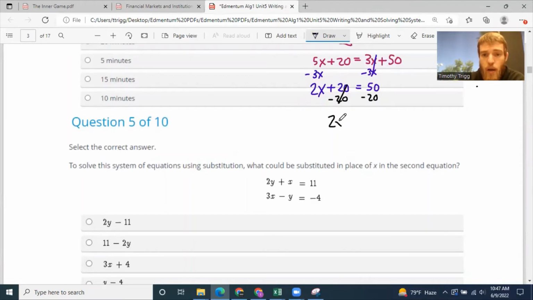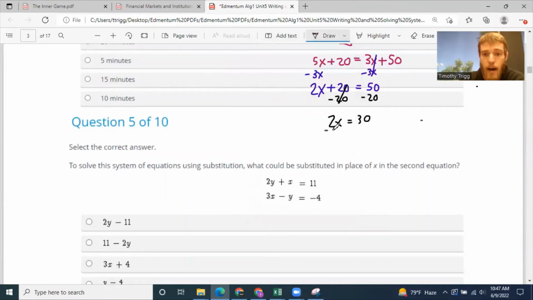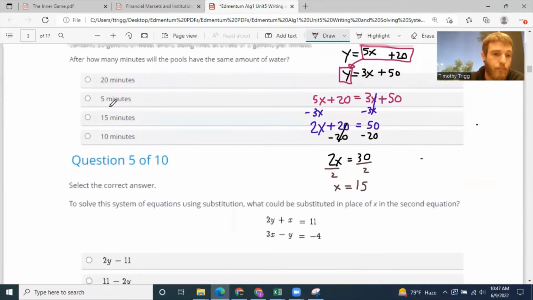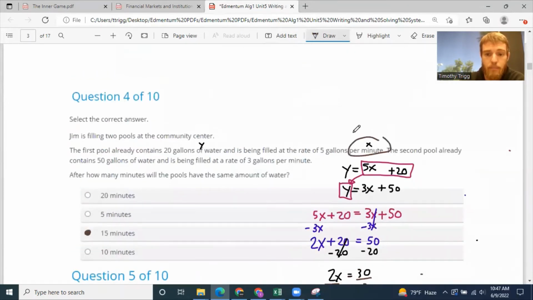That'll leave us with 2x is 30. Let's finish solving for x by dividing by 2 on both sides of the equation, giving us that x, or the number of minutes in this case, is 15. 15 minutes. Remember, x was the number of minutes, right?